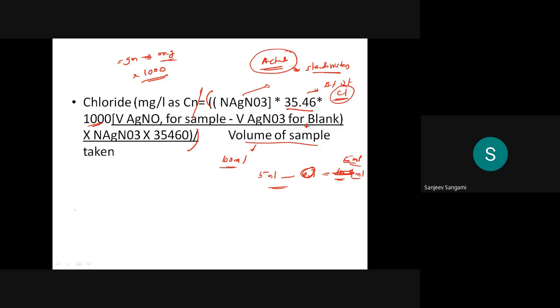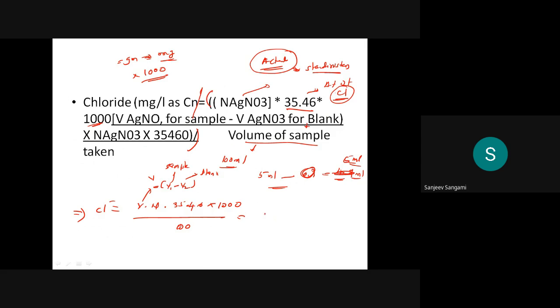Then total chloride is equal to V into N, where V means V1 minus V2. V1 is for the sample and V2 is for the blank. So this is equal to V into N into 35.46 into 1000 divided by 100 ml.